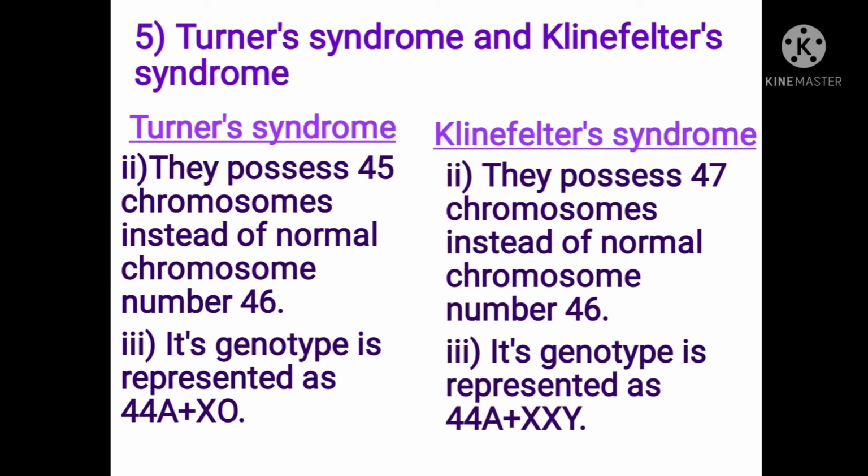Persons with Turner syndrome possess 45 chromosomes instead of normal chromosome number 46. On the other hand, persons with Klinefelter syndrome possess 47 chromosomes instead of normal chromosome number 46.